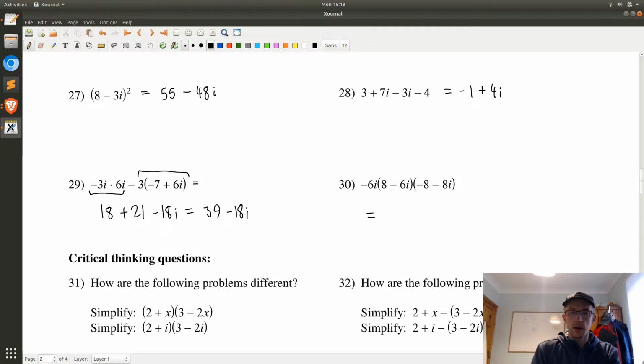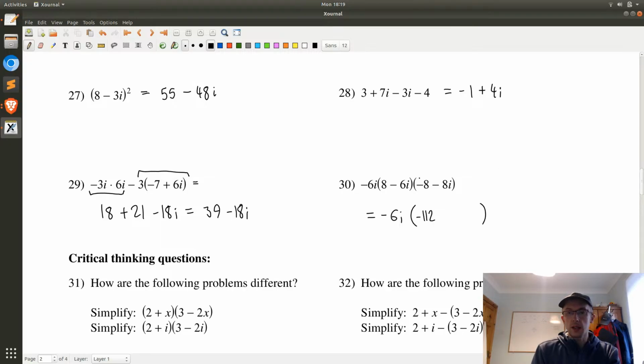Here, figure out the product first. Right, -6i. Open your brackets. Real part first. -64 take 48. So, -112.